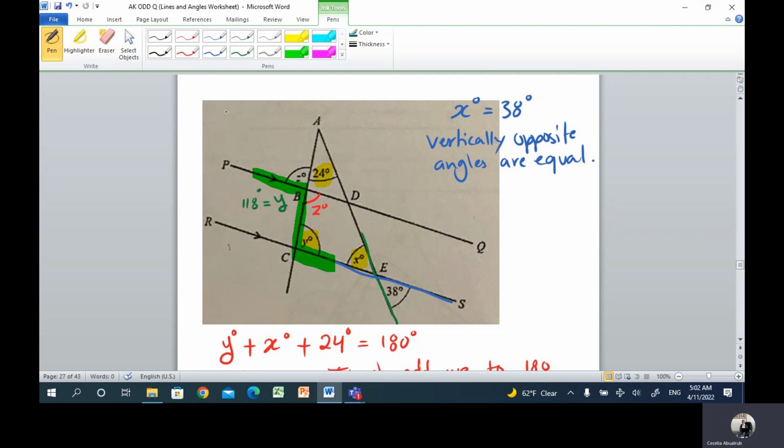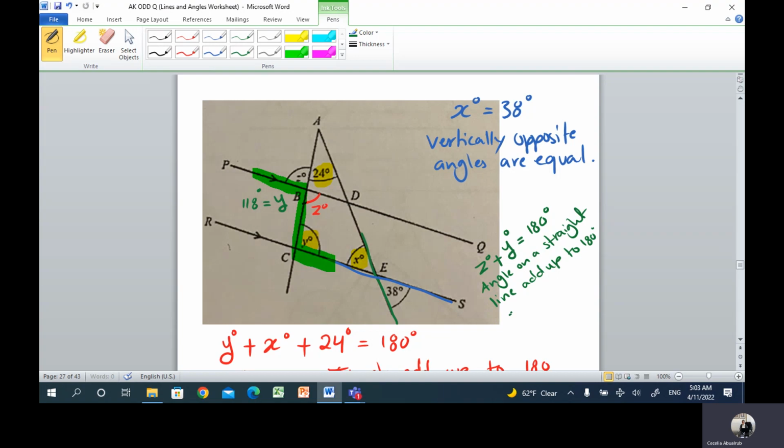So we're going to say here, z is your unknown, plus y is equal to 180 degrees. Angles on a straight line add up to 180 degrees.